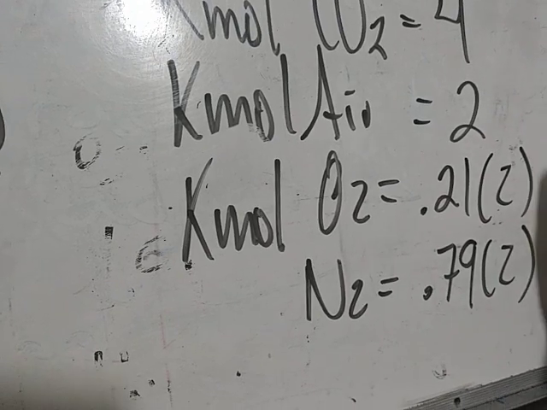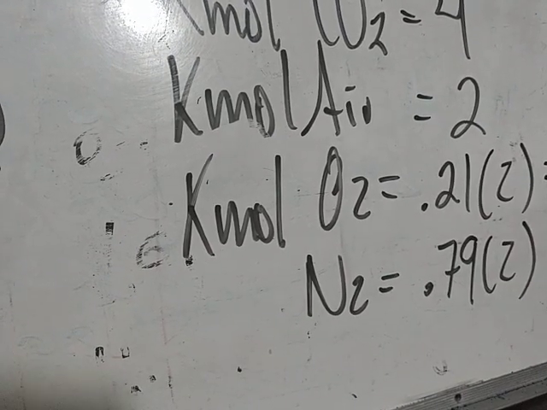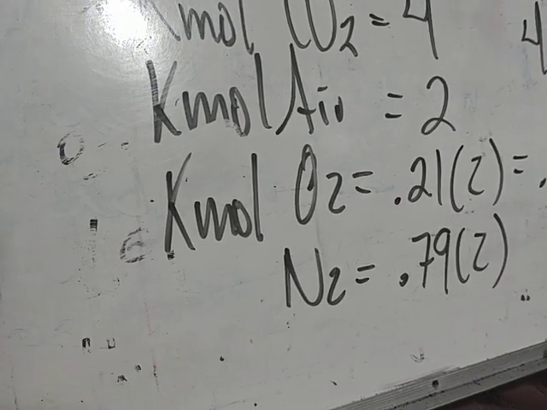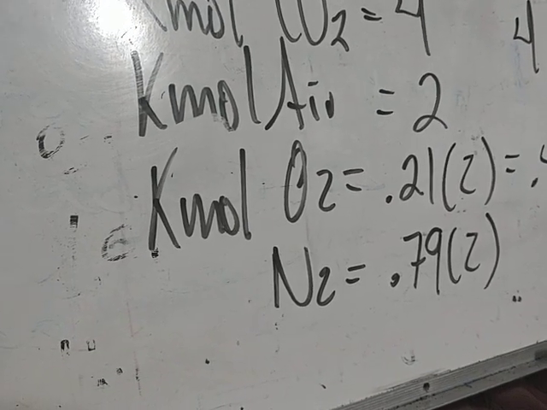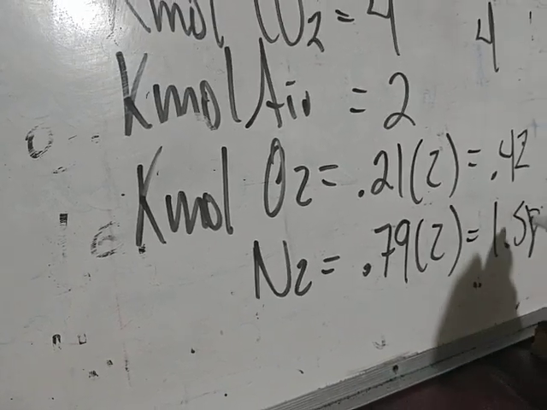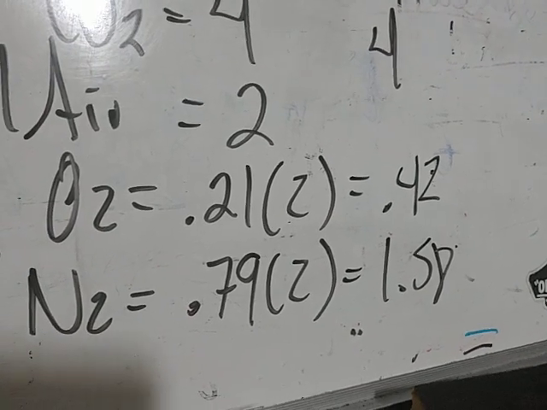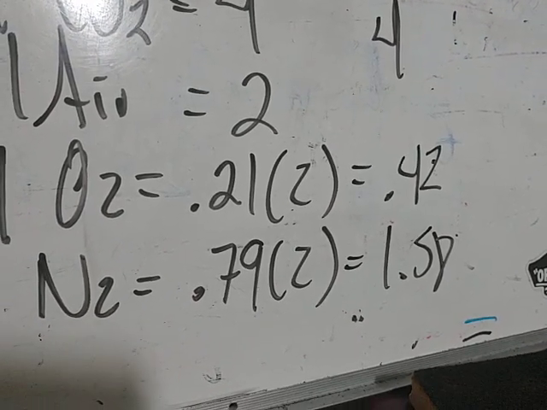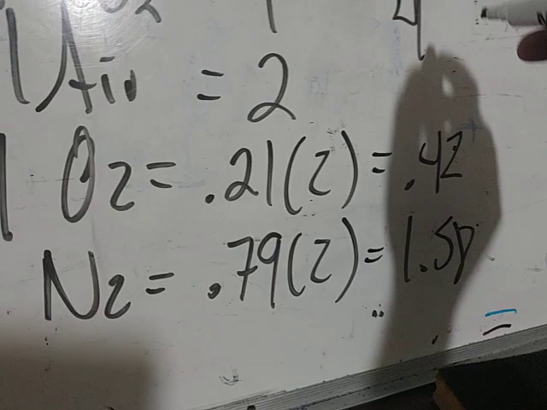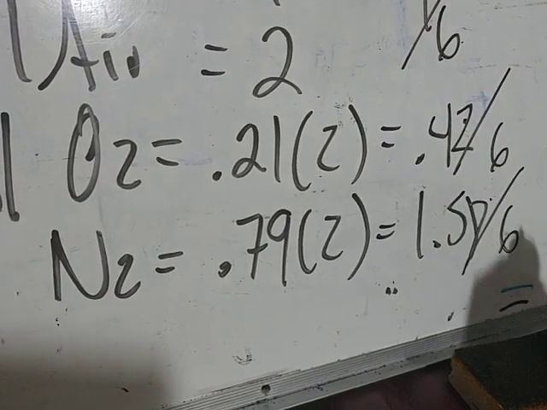The second one, the oxygen, I will consider 0.42, and in the third one, the nitrogen, I will consider 1.58. The adding of these two is going to be 2, so I'm not affecting the situation. The total of mass is 6.